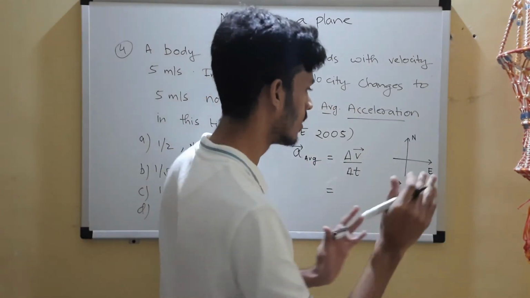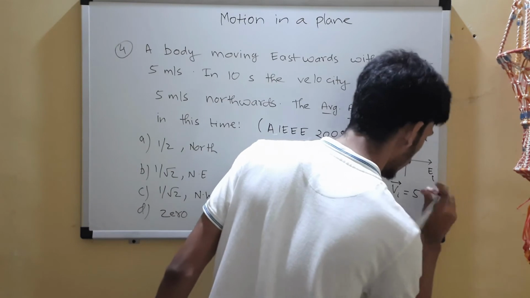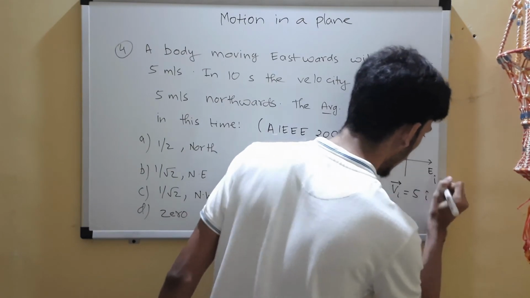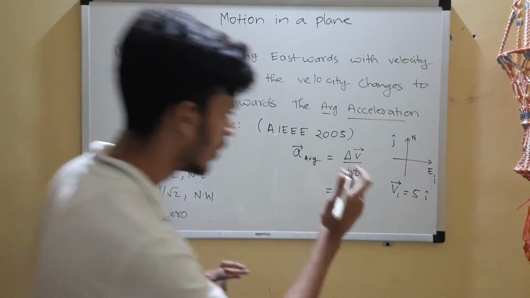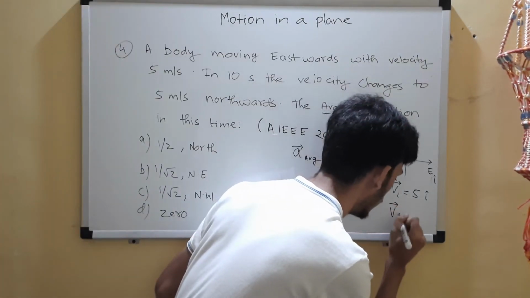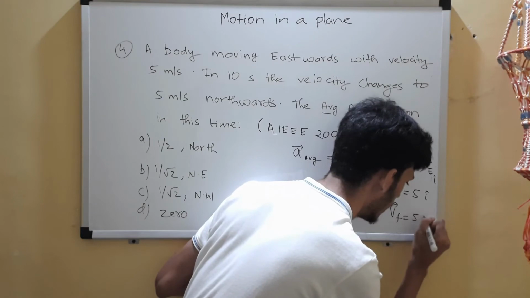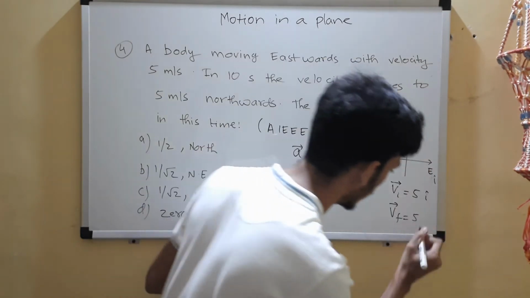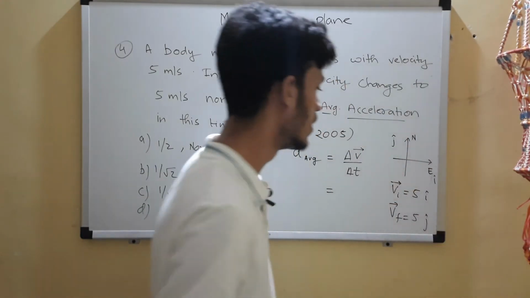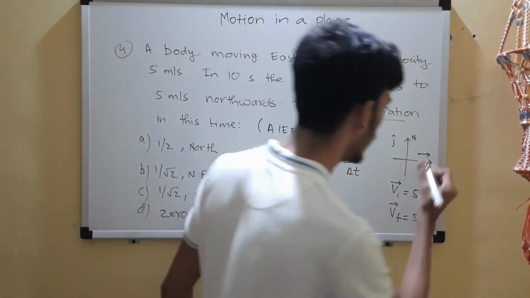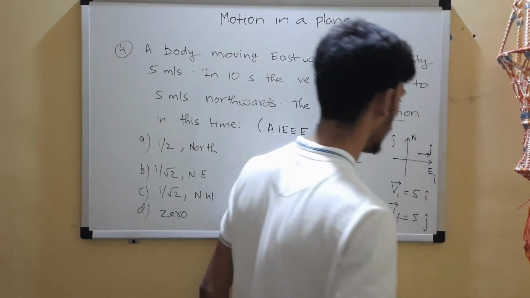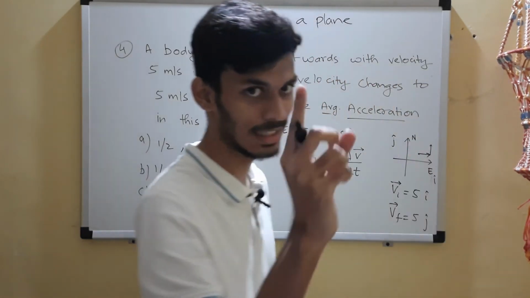That won't disturb the ethics of the problem. You can take e cap also, but that won't matter. Now the final velocity is 5 meters per second in the j cap direction, north direction, which we have chosen as j cap. So the initial velocity vector is this way, the final velocity vector is this way. Same magnitude, but direction has changed.